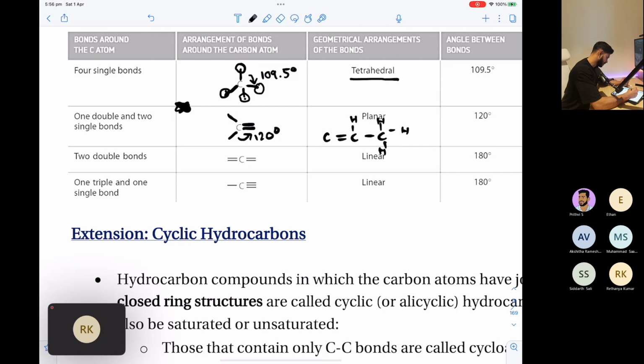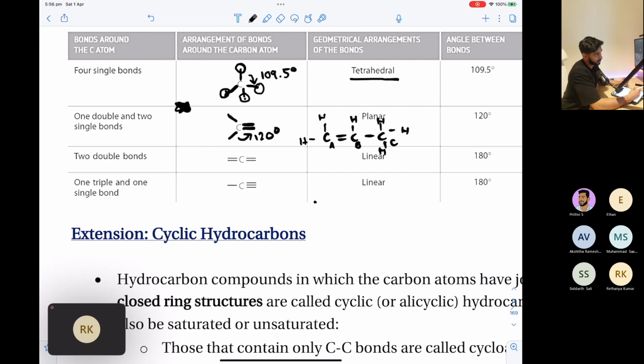And the way they'll ask you in an exam is they'll say this is carbon number A, this is carbon number B, this is carbon number C. An MCQ question will be, which of the following carbons has a trigonal planar arrangement?